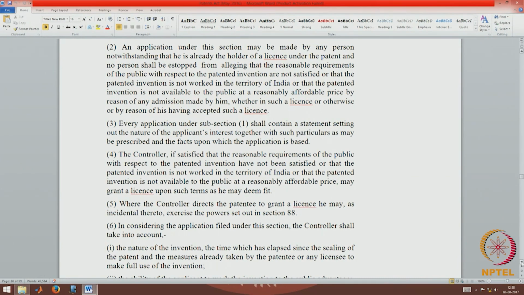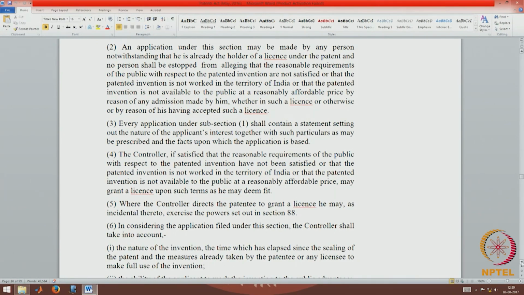By stopped we mean that a person is not precluded or prevented from making the allegations under grounds A, B and C of 84(1) by reason of such a person making an admission, whether in a license or by reason of having accepted a license. So, the fact that a person makes an admission with regard to any of these 3 grounds will not stop him from raising these grounds or from making an application.